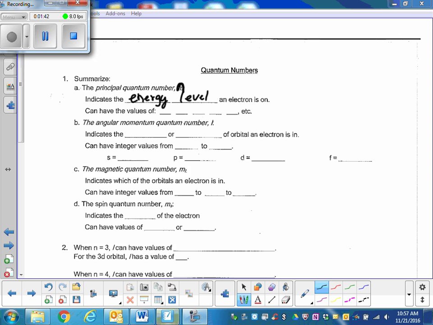Doesn't the energy level relate to the distance from the nucleus? Yes. So the first thing you have to solve for an electron is its energy level, and that is called its principal quantum number.